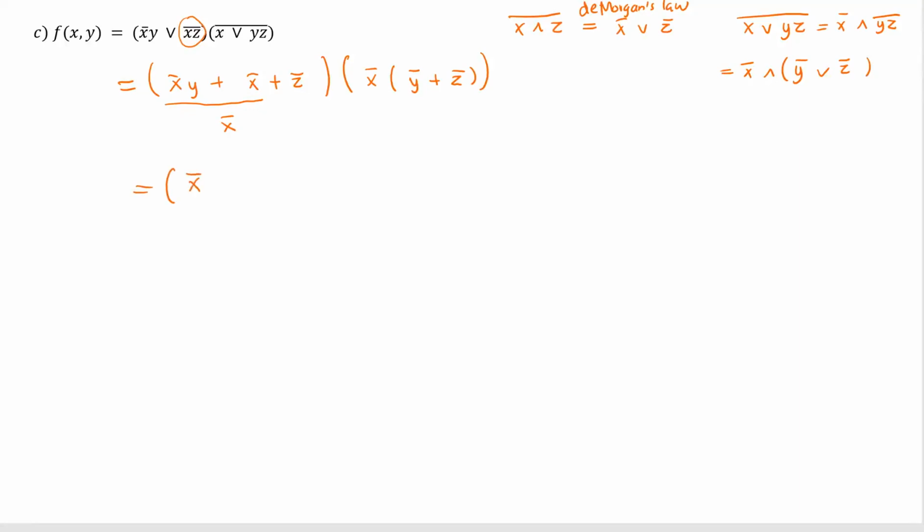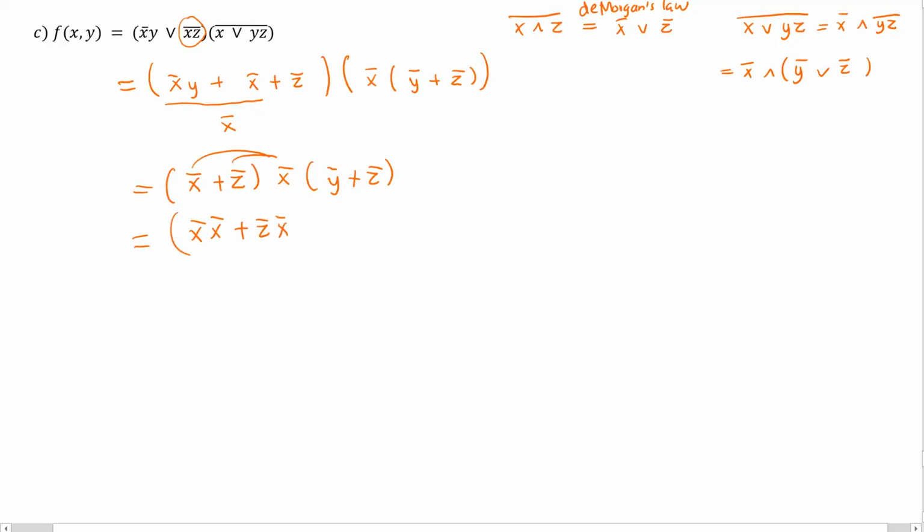So this is just x bar plus z bar, and then we have x bar, and then we have y bar plus z bar. Let's distribute everything. Okay, so we distribute. We get x bar plus z bar x bar, and then we have the y bar z bar.